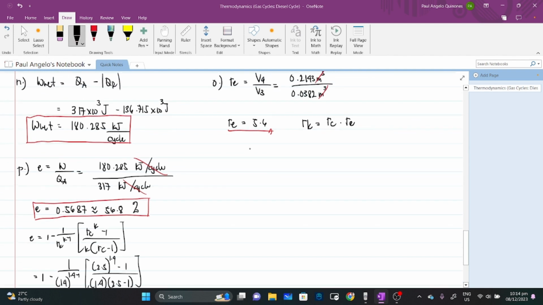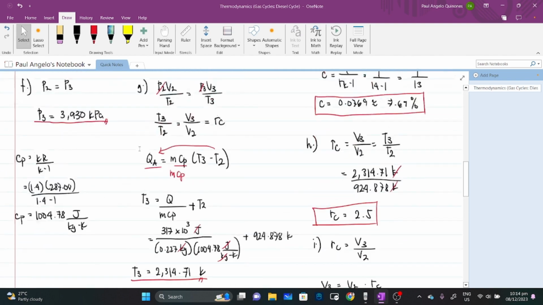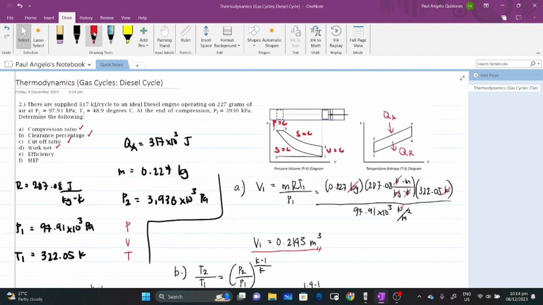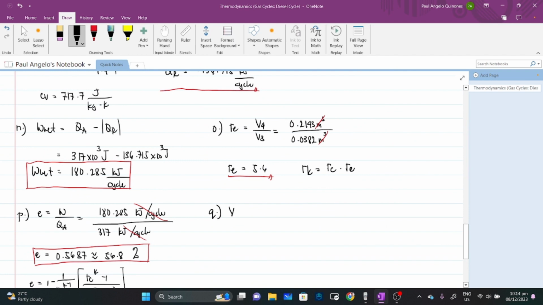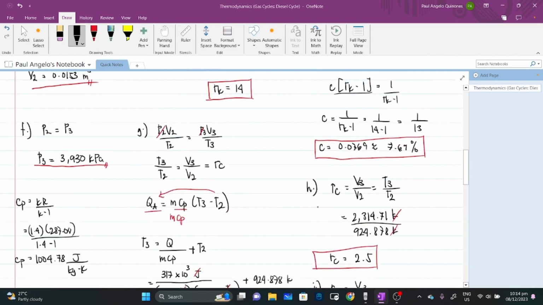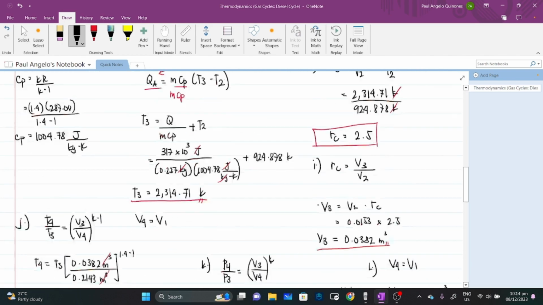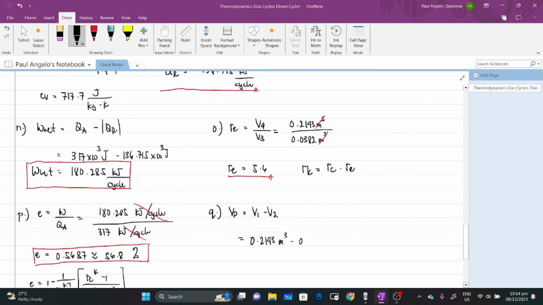So regardless of the process that you used, the equations that you use, you should arrive with the same magnitude. Okay, next, now we have obtained the efficiency, so let's put a check. Now we can solve for the volume displacement, that is given by V1 minus V2. V1 is 0.2143 cubic meters minus V2, that is 0.0153 cubic meters.